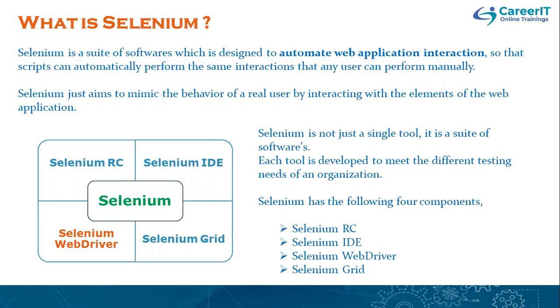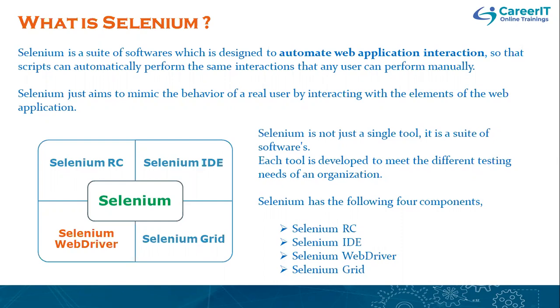After that, Jason Huggins and Simon Stewart decided to merge Selenium RC and Selenium WebDriver, and gave the name Selenium WebDriver. Initially it was released as Selenium 2.0, but later Selenium 2.0 was renamed to Selenium WebDriver after merging the features of Selenium RC into it.